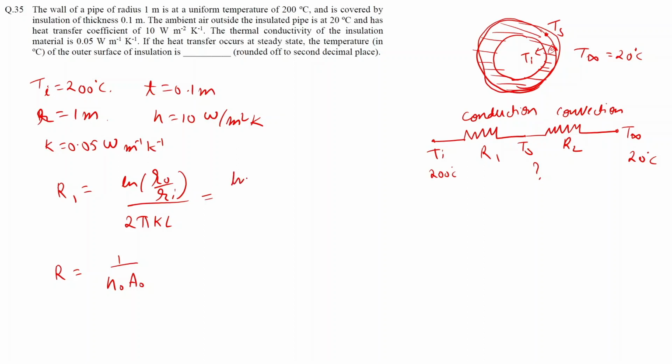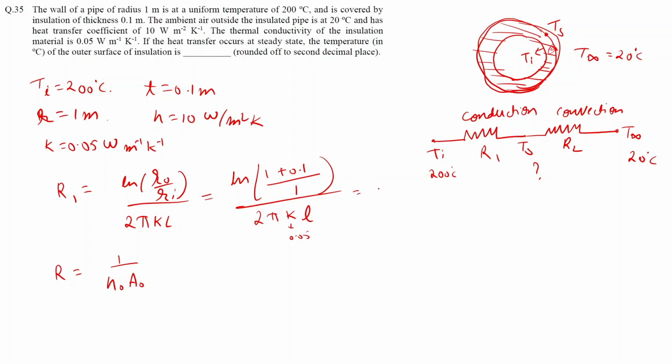So let's calculate this. R1 will become ln of, the outer radius will be 1 plus the thickness of the insulation, that is 1.1, upon 1, upon 2 pi K L. You can replace the value of K as 0.05.